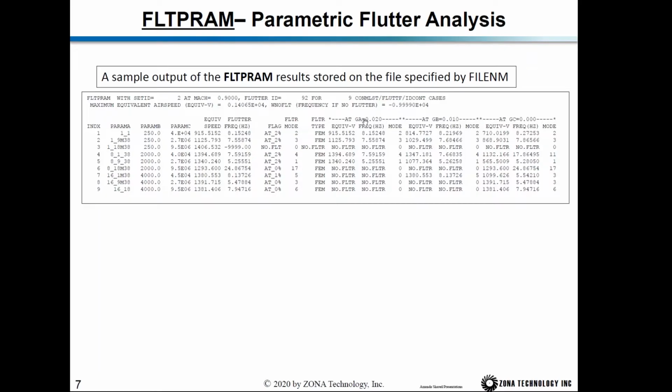And then after that, you will output: if you add 2% of damping, this is the flutter solution. If you add 1% of damping, this is the flutter solution. If you add 0% of damping, this is the flutter solution.